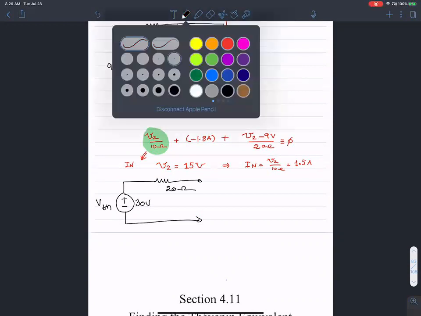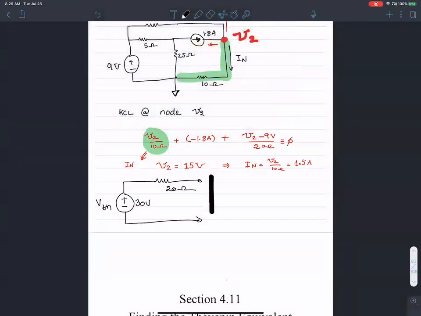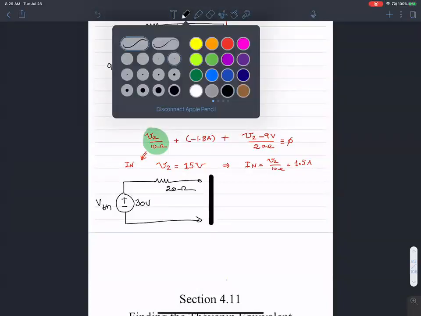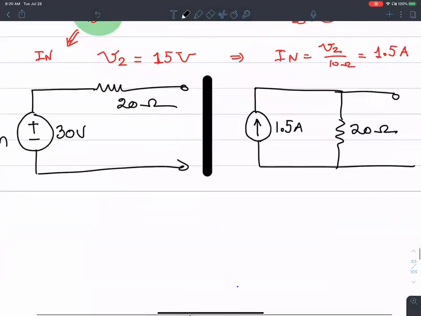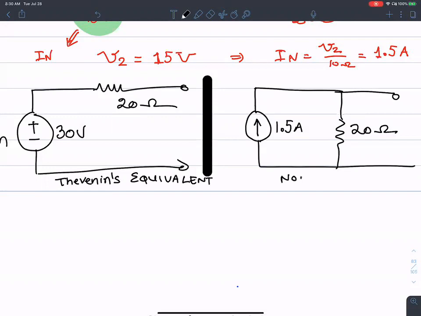Similarly, if you were to do the Norton's equivalent, you have a current source of 1.5 amperes, with a resistance in parallel. The value of the resistance is 20 ohms. So the one on the left is the Thevenin's equivalent. The one on the right is Norton's equivalent.